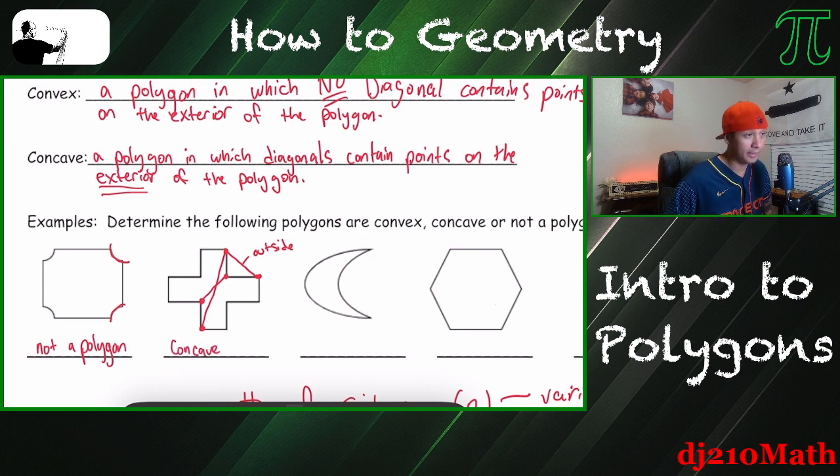This is a concave polygon. Now, if you think about the root of the word, cave, like the sides are caved in. That's one way to think about it. But really, if you have a diagonal that is outside, when you connect the vertices, then it's a concave polygon.